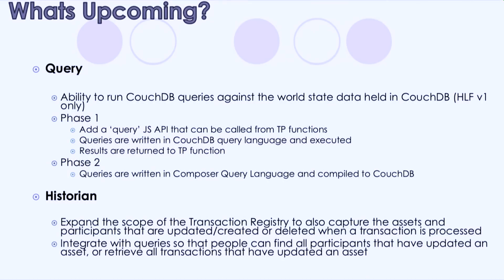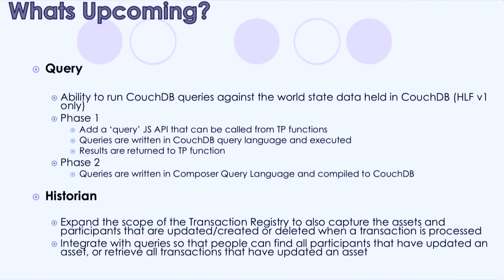So we want to build the next generation of that, which we've called historian, where of course we're still going to keep storing the transactions, but we also want to store a lot of metadata about what happened when we processed a transaction. So the runtime actually knows which assets were created, updated, and deleted during the processing of a transaction.